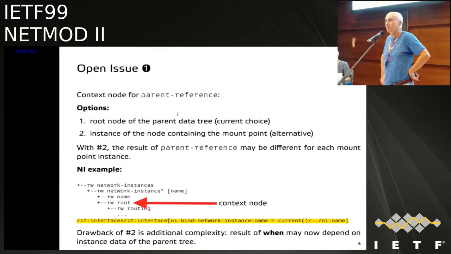Okay, but it's a substatement of a mount point statement, so I would expect that either you understand both or you understand none of them. Yang spec says that an implementation can ignore any extension statement.